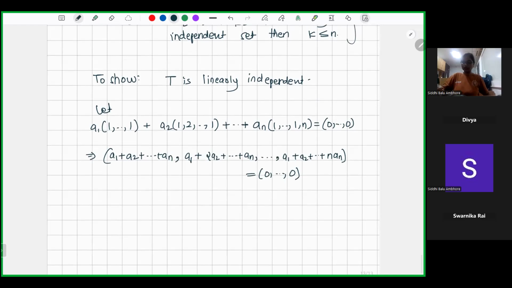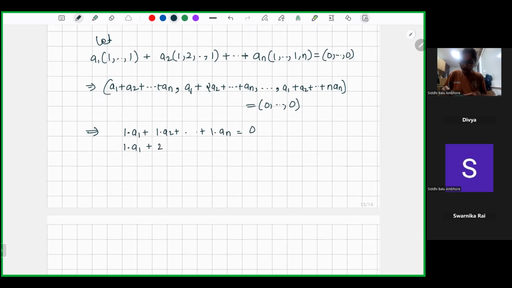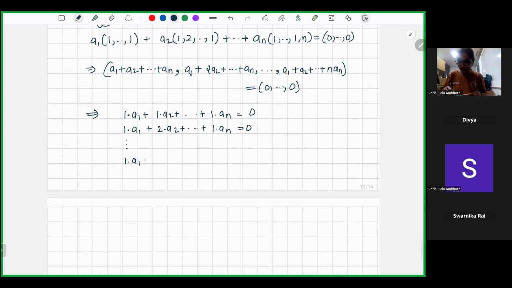And now what I will have here is 1 into a1 plus 1 into a2 plus 1 into an is 0. 1 into a1 plus 2 into a2 plus 1 into an is 0. And this 1 into a1 plus so on plus n into an is 0, right?